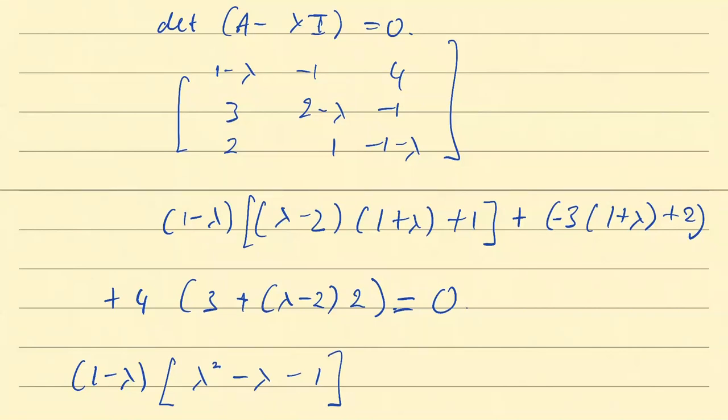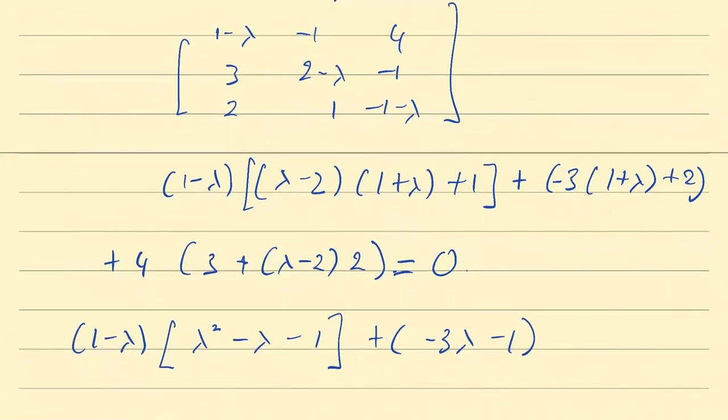This is minus 3 lambda, minus 3 is minus 1. And then finally this term is 3 plus 2 lambda minus 4, so this is going to be plus 4 times 2 lambda plus 1, 2 lambda minus 1.